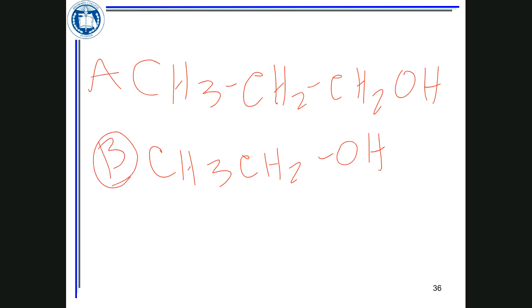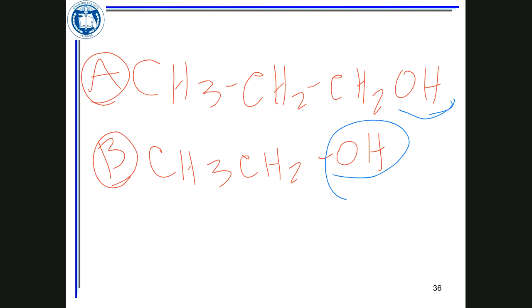Okay, which one has higher boiling point? Why is it A? What type of intermolecular force do you have for A? Hydrogen bonding, very good. And B? B is also hydrogen bonding. So same type of intermolecular force.